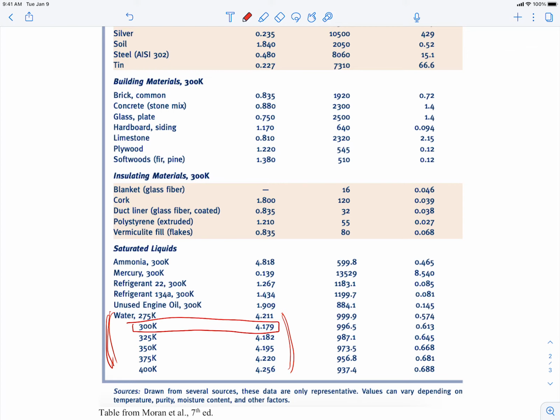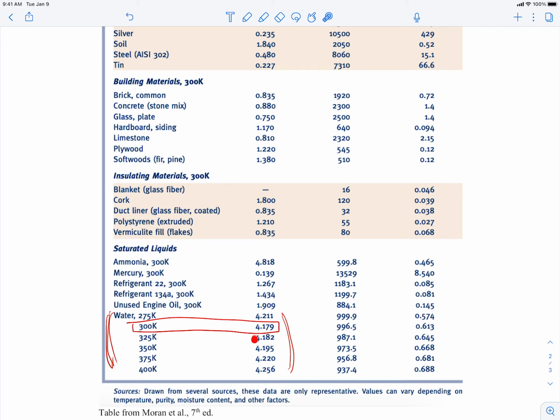The reason for that is I know that the initial temperature of the water is closer to 325, but I suspect, since the copper temperature is 27 degrees Celsius, which is 300 Kelvin, that our final temperature is going to be somewhere between these two values. So I'm just going to choose the 300 one. Really, I'd probably be a little bit more accurate if I used the average of these two, because the final temperature is likely to be between these two values, or pretty close to them. So I'm just going to choose that lower one.